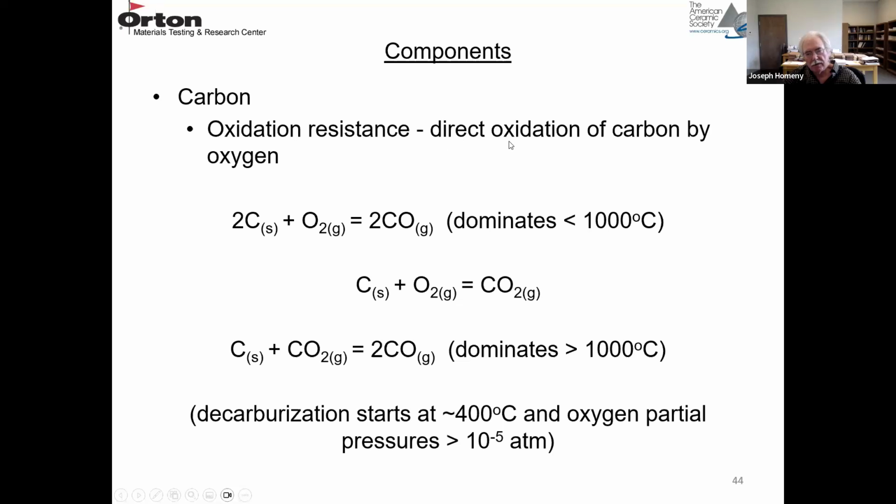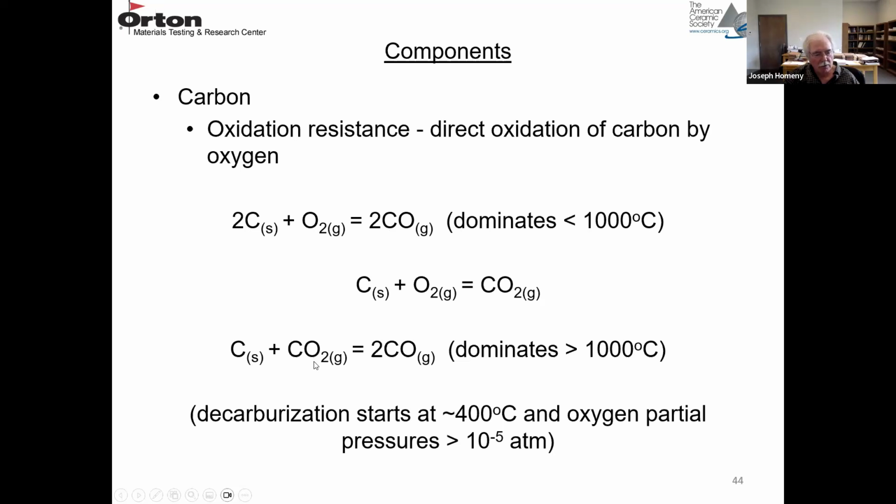But here's the case of direct oxidation of carbon by oxygen. Carbon plus oxygen gas forms CO gas. That takes place at temperatures usually less than 1,000 degrees C. Carbon plus oxygen can also form CO2 gas.